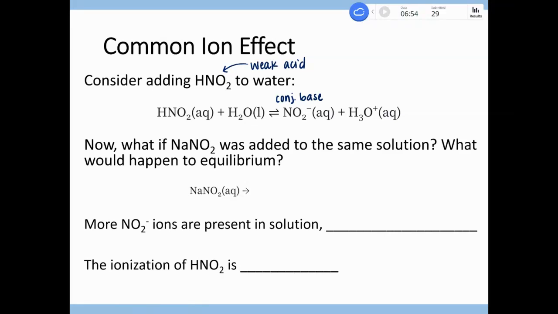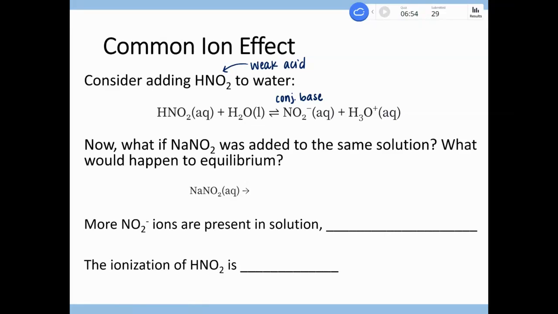So there isn't a lot of the conjugate base, NO2 minus, present. But to create a buffer solution, you add both the acid, HNO2, and the conjugate base, NO2 minus, in some form also has to be added to solution. So you're increasing the concentration on both sides of that reaction equation. So if sodium, NaNO2, was added to the same solution, what happens to that equilibrium?